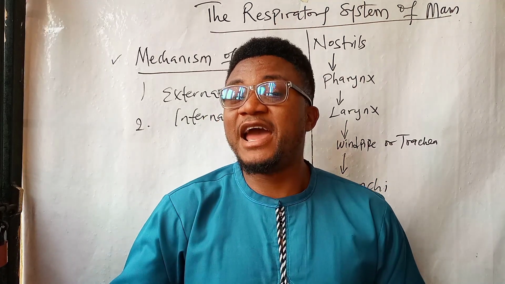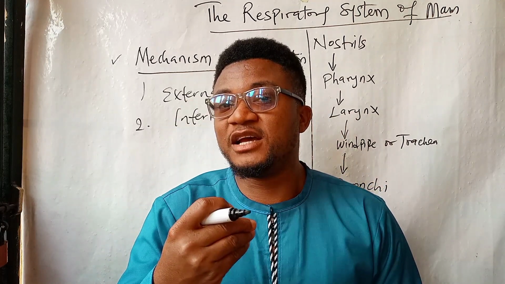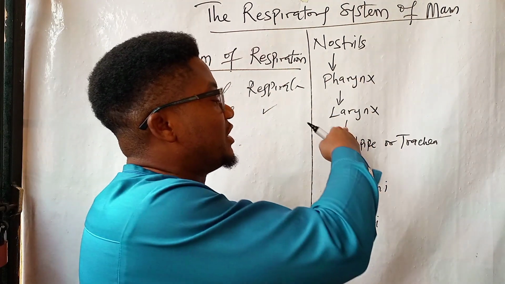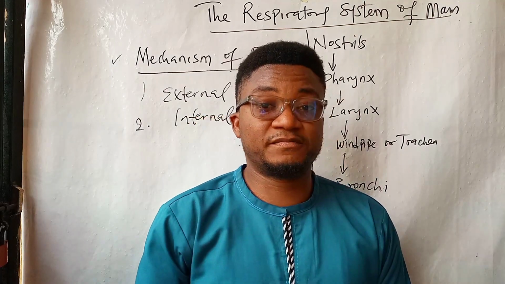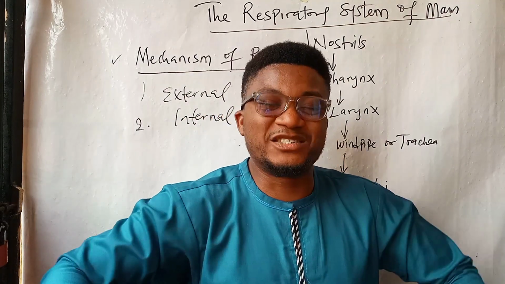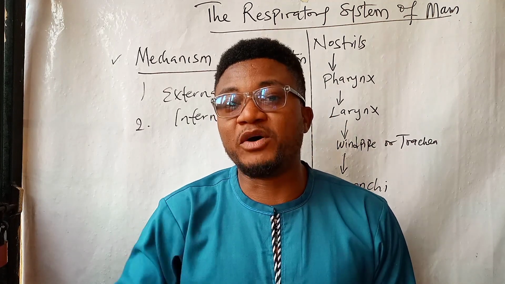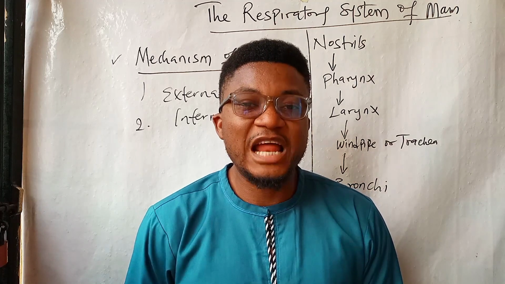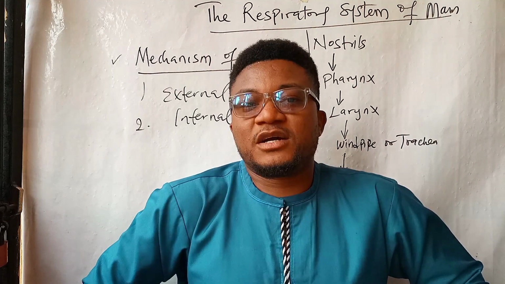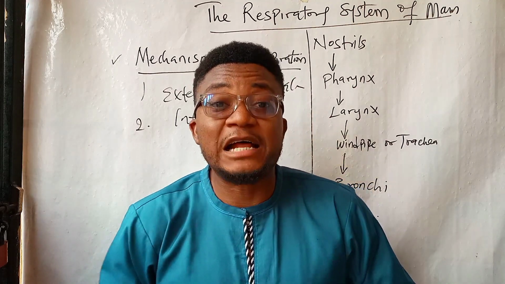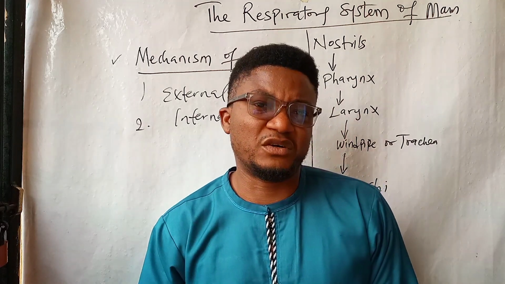As we are breathing in, air flows in, and we take in oxygen through the nostrils, and then it flows through the pharynx, down to the larynx, and this oxygen moves down to the alveoli, which are divided into various capillaries that are rich in blood vessels. This oxygen is what the body needs to break down its food. In the same process, we also breathe out carbon dioxide. Breathing out carbon dioxide is what we call expiration.